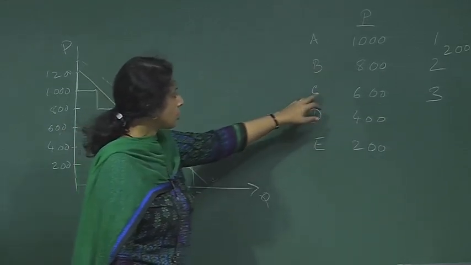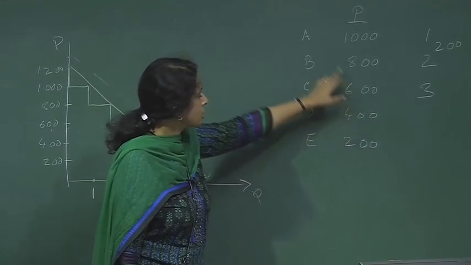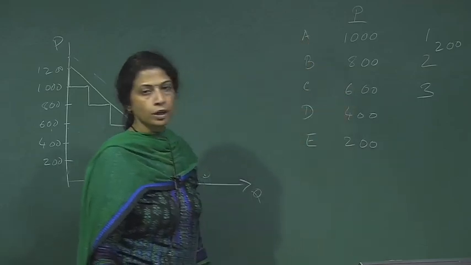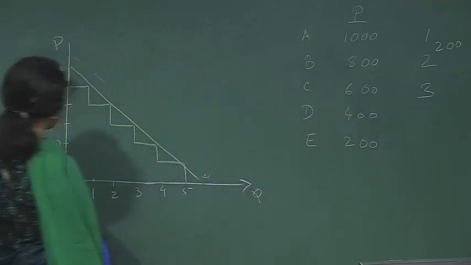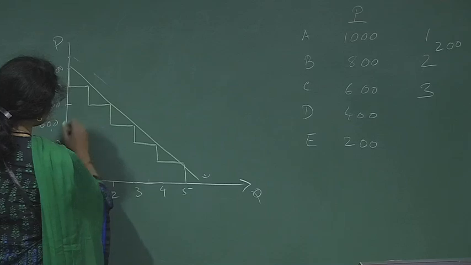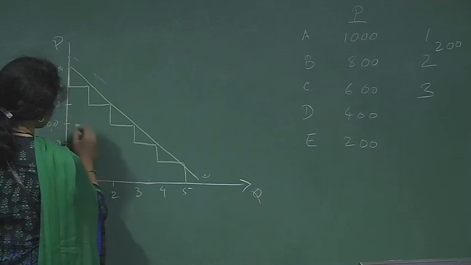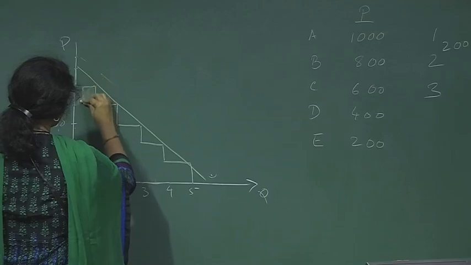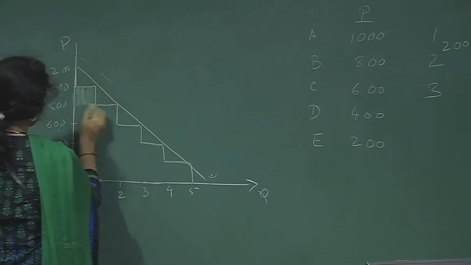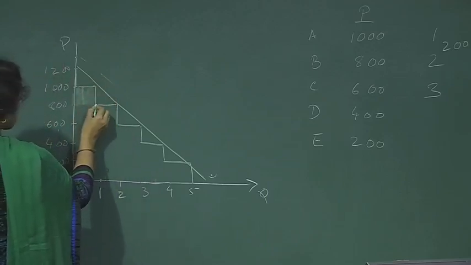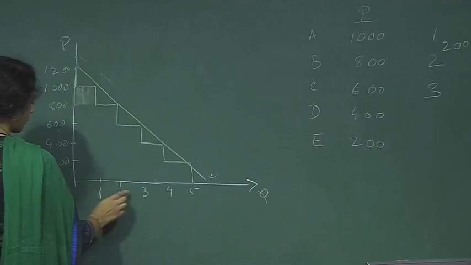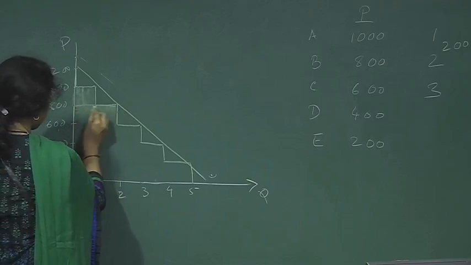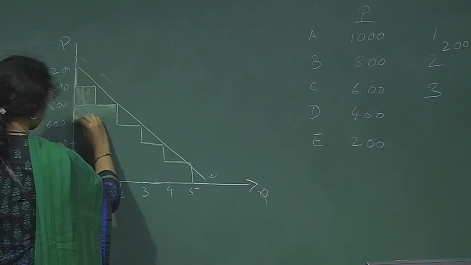So, in case of when the price is 600, A gets a surplus of 400 and B gets a surplus of 200. So, basically what we are seeing here is that all this area, this is the surplus. So, for A, this is the surplus when he buys it for 800 rupees. For both of them, this is the total area of the surplus.